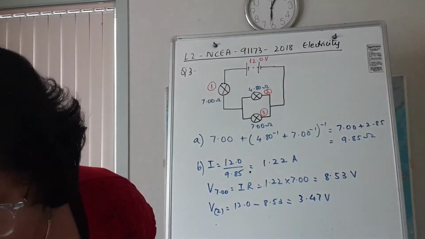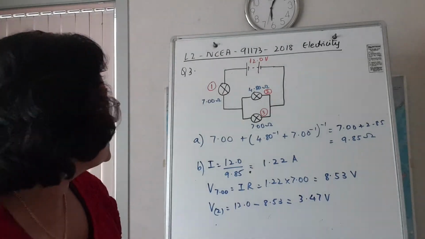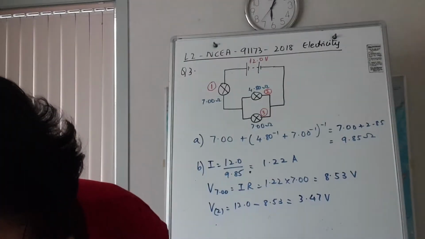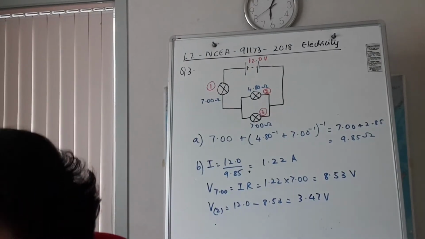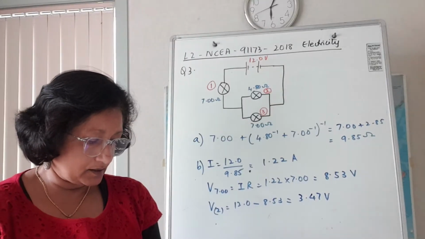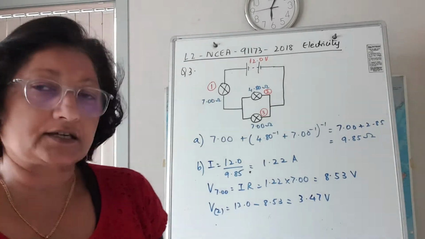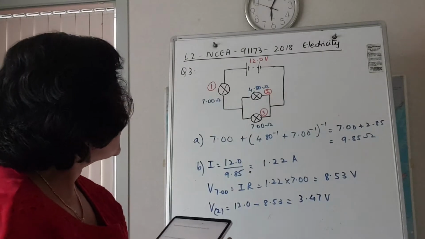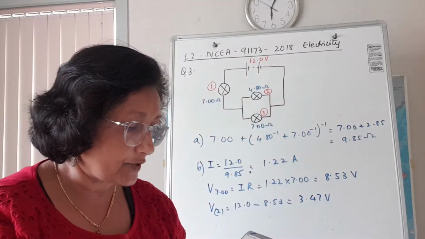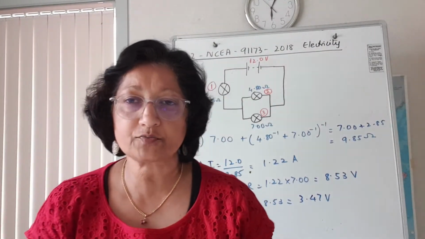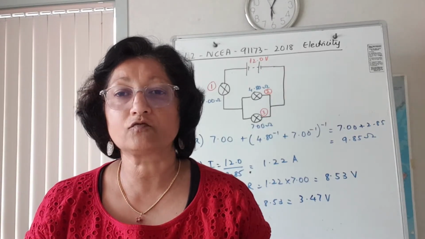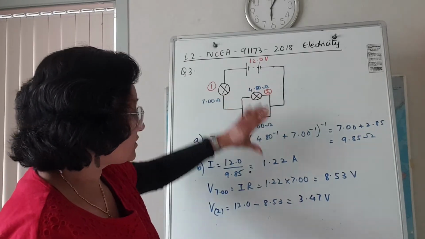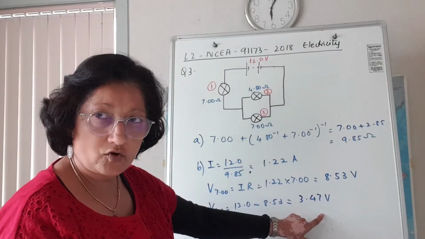And then the next part of the question is, both these bulbs are not the same brightness, and it says discuss which bulb is brighter and why. The reason they're not the same brightness is that brightness depends on the power output, and power depends on voltage and current. They both have the same voltage across them, which is 3.47 volts.